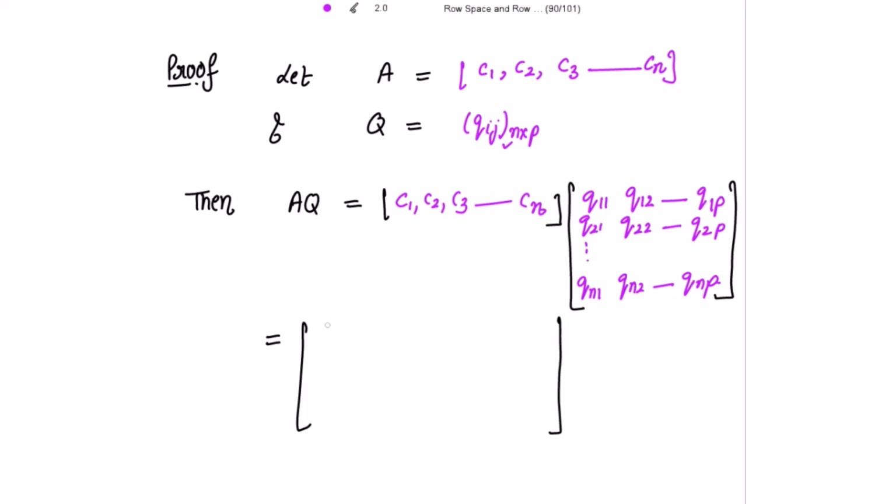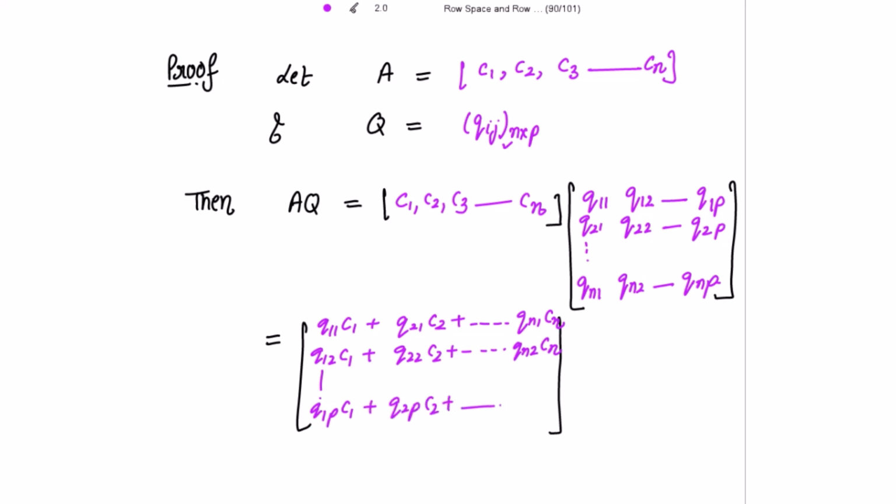So this is Q11C1 plus Q21C2 plus so on, Qn1Cn, and then Q12C1 plus Q22C2 plus so on, Qn2Cn, and so on, Q1pC1 plus Q2pC2 plus so on, QnpCn.